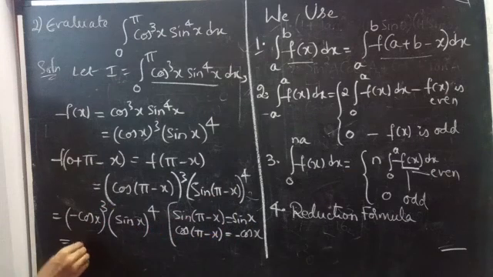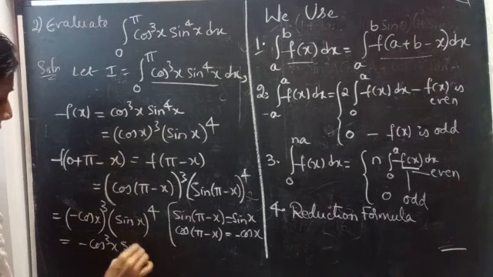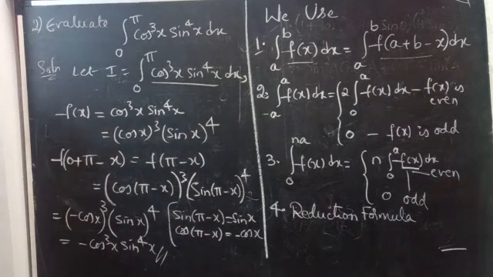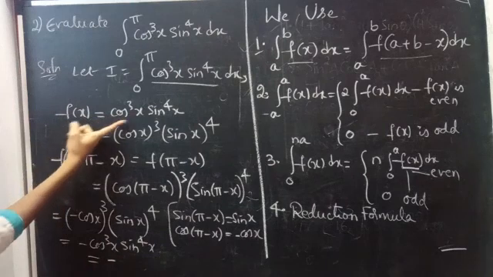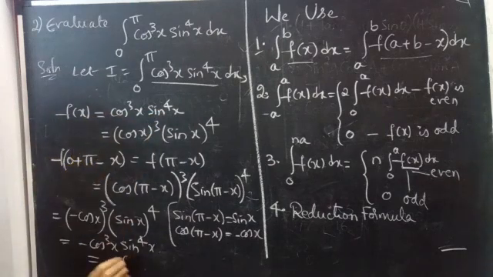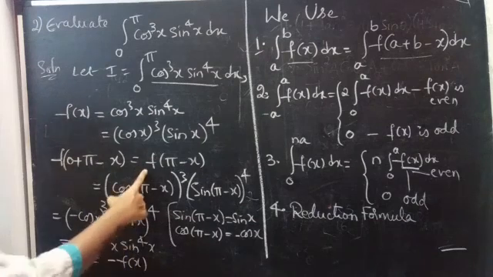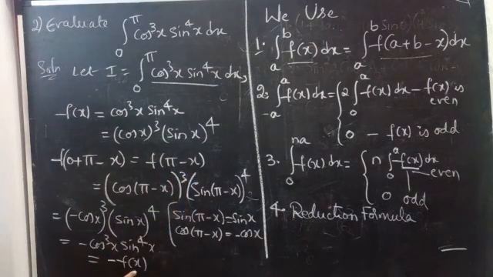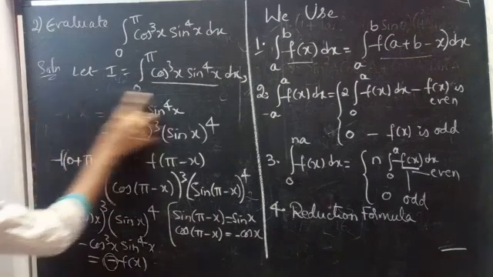So this equals minus cos cube x into sin power 4x, which equals minus f of x, which is cos cube x into sin power 4x. So you got f of pi minus x equals minus f of x. You have noticed the minus, right? Since you are getting minus f of x, you can say that f of x is an odd function.